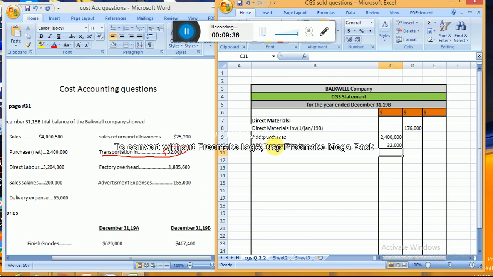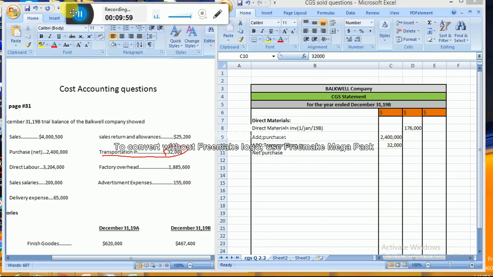So we purchased the raw material for 24 lakh, and $32,000 transportation in took place, and there are no purchase returns. So how much are net purchases? We will add the purchase amount and the transportation in.